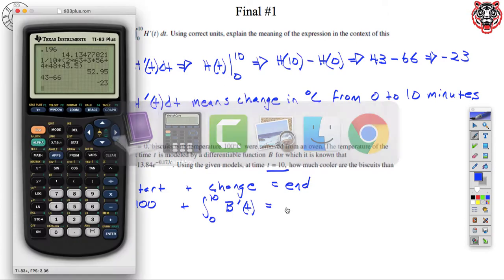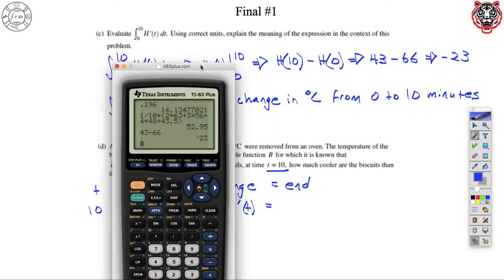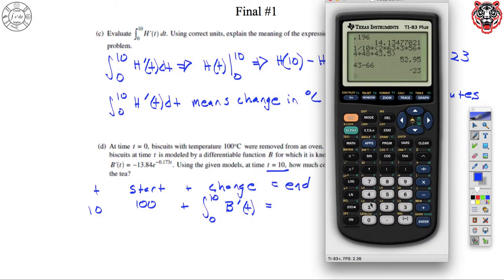Okay, so coming back over here, I need to do all of that math. So 100 plus math 9 of b prime t. Okay, time to enter all this stuff.